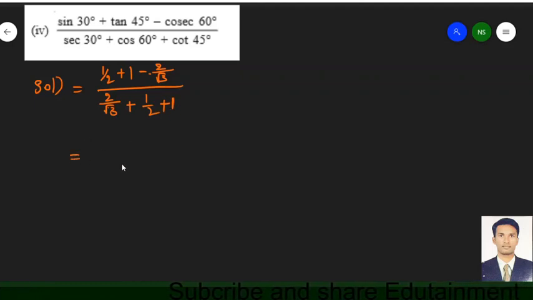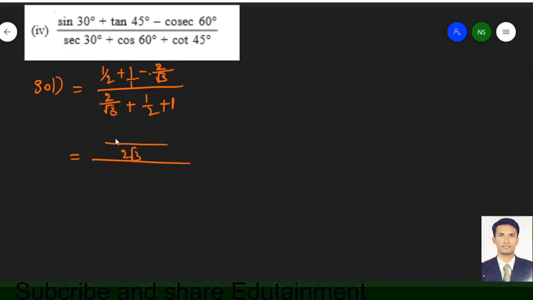So let us simplify. If we take LCM for the three fractions in the numerator, we will get 2 root 3. Here we need to multiply with root 3. For the second term we need to multiply with 2 root 3, minus, third one we need to multiply with 2, so that 2 into 2 is 4. Here we need to multiply after taking LCM.